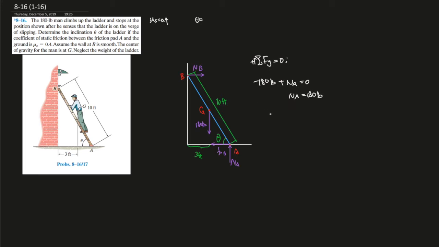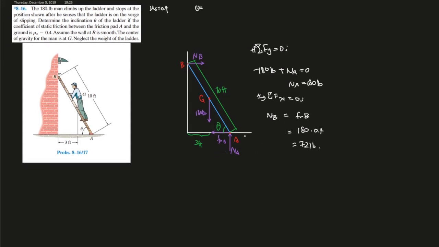And then we use the sum of the forces in the x direction equals 0. So that is NB equals FA, the friction at A. So that is 180 times 0.4, which is 72 pounds. So we found all of the forces.